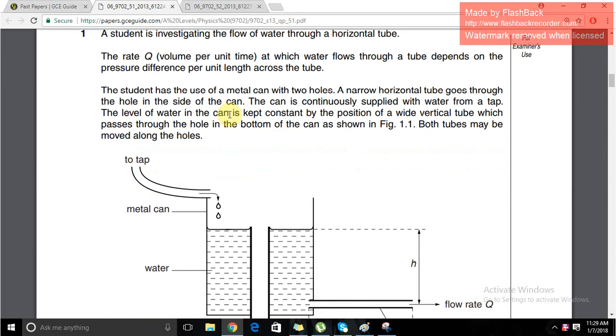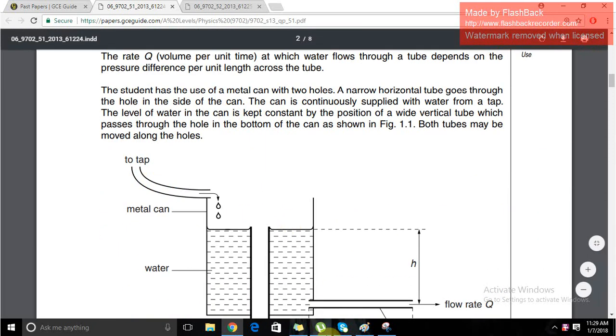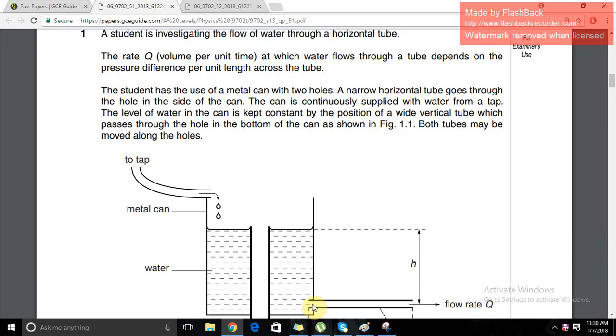We have a metal can with 2 holes, a narrow horizontal tube through the hole in the side of the can, and a continuous supply of water. So H is a constant and it needs to be a constant. So for one experiment it needs to be kept constant. And the can is continuously supplied. The level is kept constant by the position of a wide vertical tube which passes through the hole in the bottom.